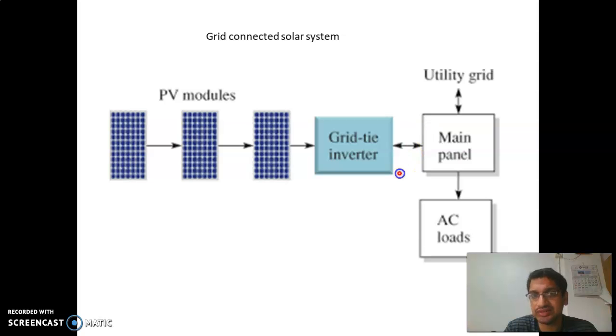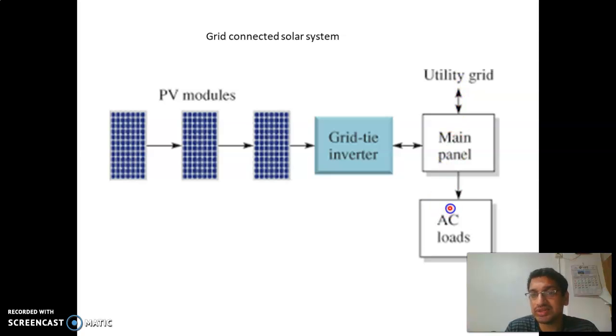The first condition is the demand, that is the AC load, our own demand, is greater than the generation of electricity from the PV module. In this case, we cannot energize the whole demand by using the electricity generated from the PV module. So in this condition, we need to import power from the utility grid.